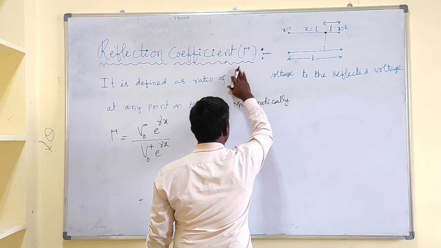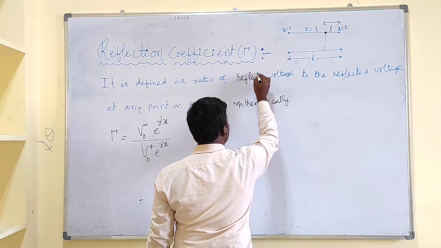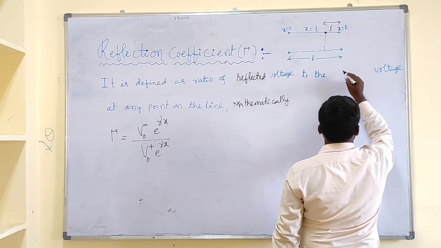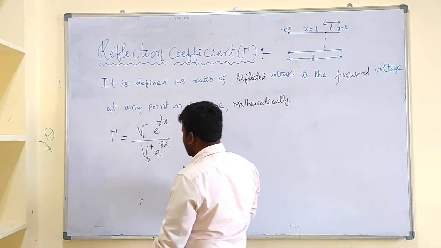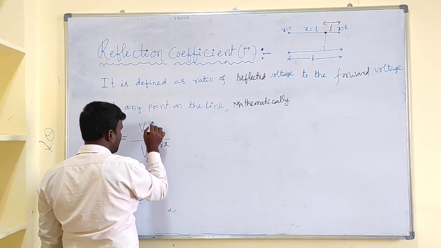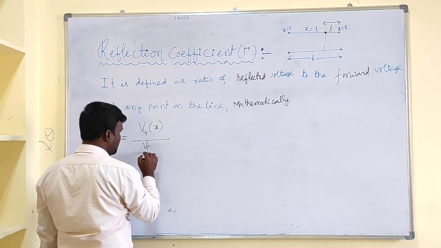Reflection coefficient is defined as the ratio of the reflected voltage to the forward voltage at any point on the line. That means we can write reflected as V suffix R at any point on the line, VR of x, and forward voltage as Vf of x.